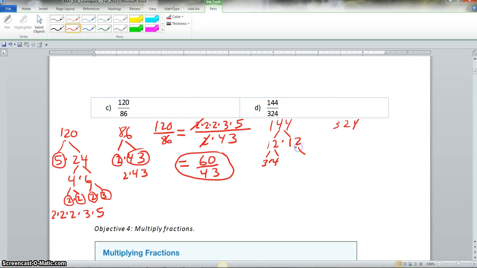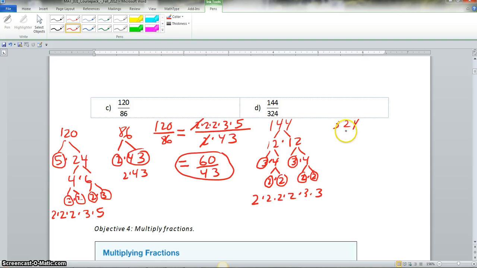And this 12 would be 3 times 4. And we know 4 breaks down to 2 times 2. And this 4 breaks down to 2 times 2. Now our prime factorization, as we see here, we have 2 3's and 4 2's. So we have our 4 2's and our 2 3's.